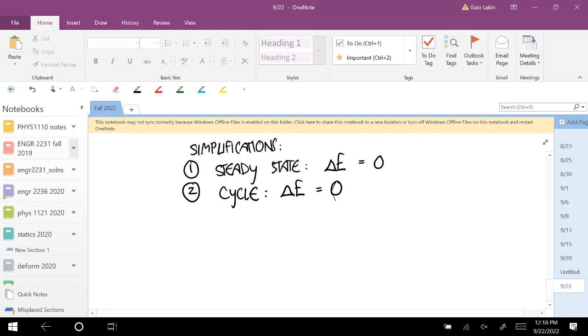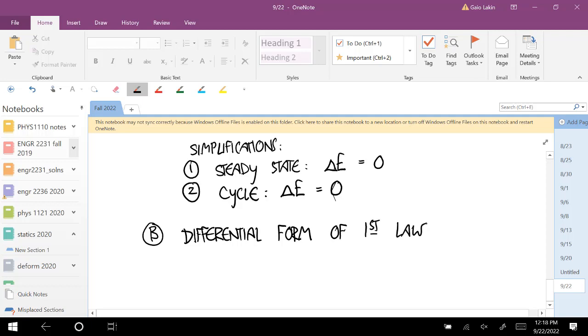Second, so part B, the differential form of the first law. That is that dE/dt is equal to Q dot minus W dot.